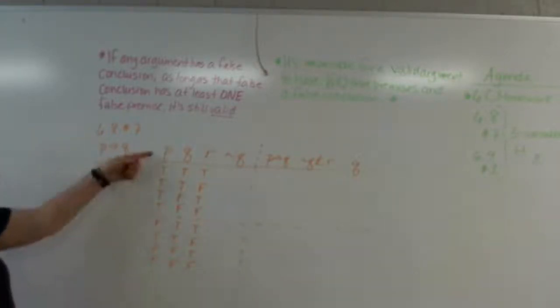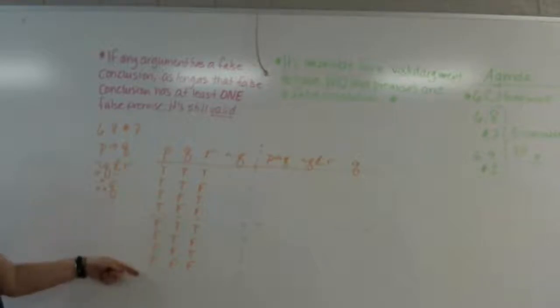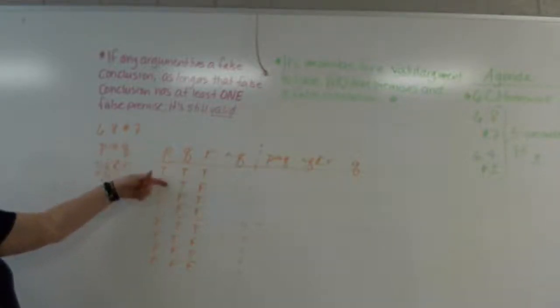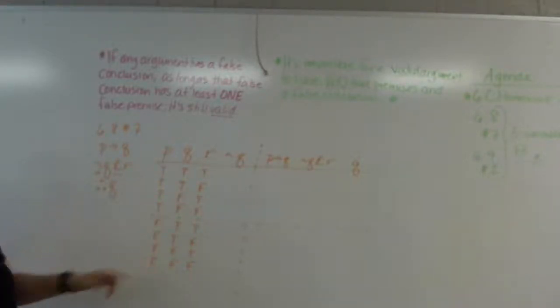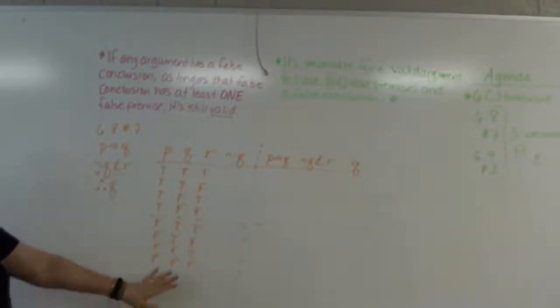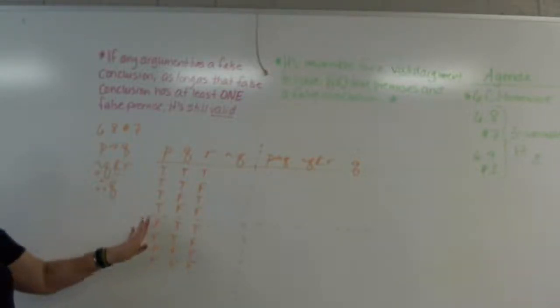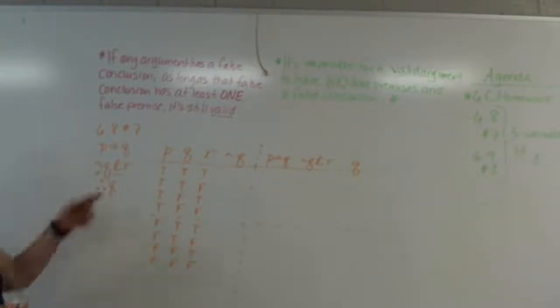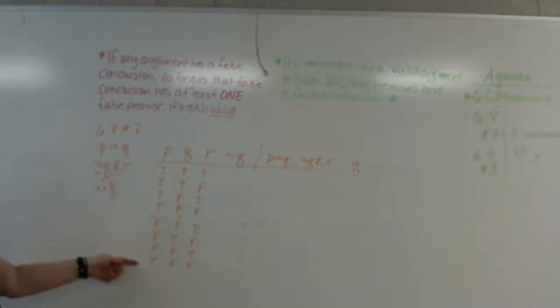So my P is 4 trues and then 4 falses. My Q, 2 trues, 2 falses, 2 trues, 2 falses. And my R is true, false, all the way down until I end up with 8 rows. Every time I do this, it should look like this. Two different reasons. One is these are all of the possibilities for my truth table.